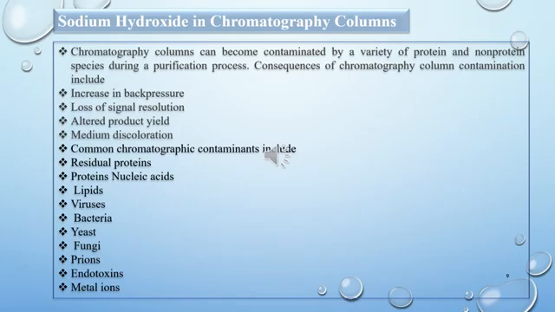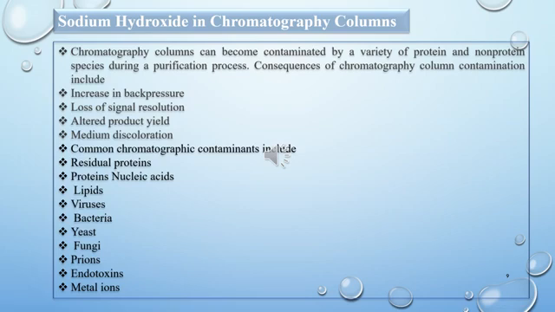In the biopharmaceutical industries, when you are using chromatography for the purification process, the chromatographic resins or the packing material of the column become contaminated with many proteins and non-protein parts. When it is contaminated, there will be different consequences, which we are going to discuss. The first one is increased back pressure, due to which the speed of the column slows down.